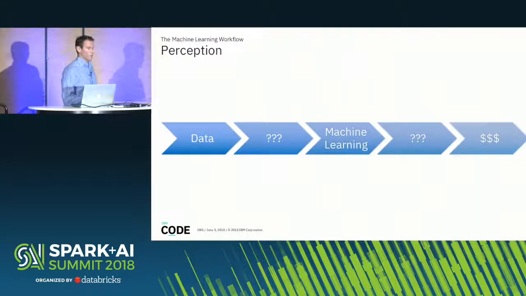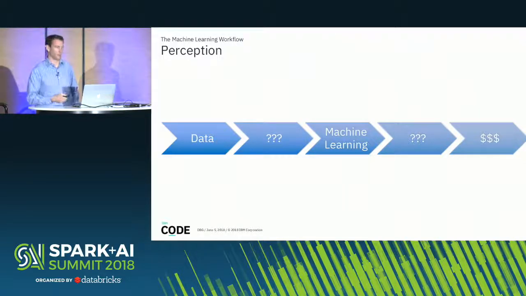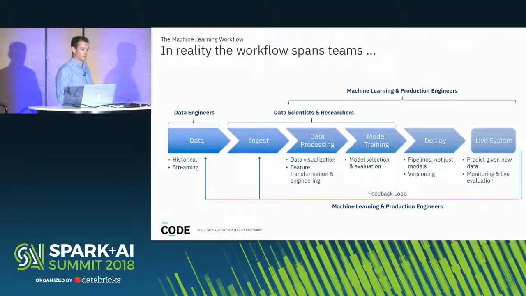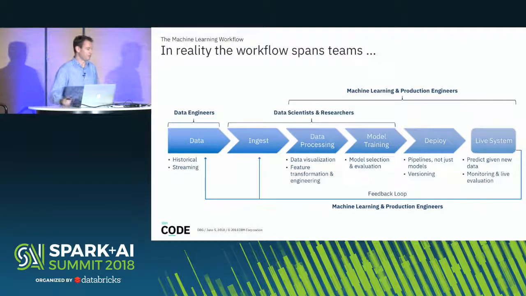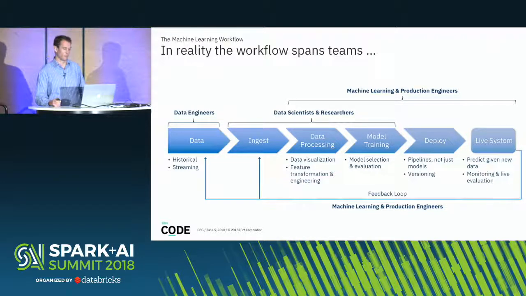So as we all know, machine learning is simple, right? You start with data, you throw machine learning at it, and you profit. But in reality, the machine learning workflow is a lot more complex. It spans teams, from your data engineers to your data scientists and researchers to your machine learning and production engineers.